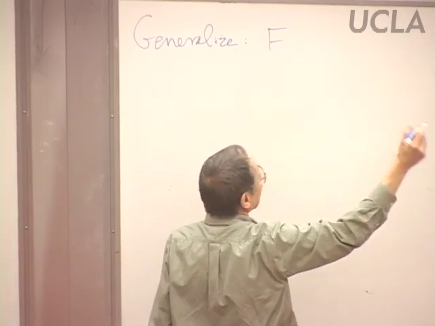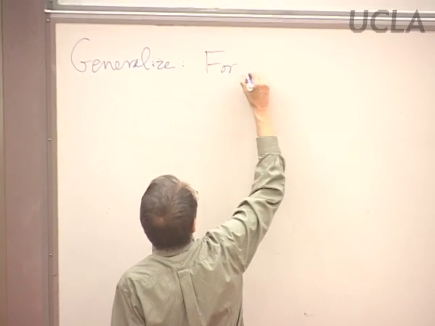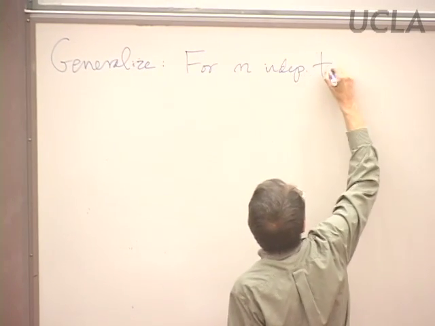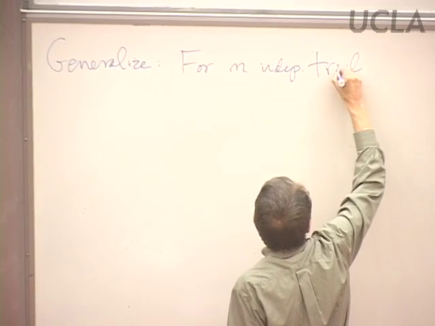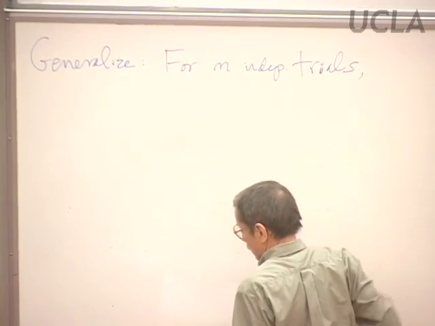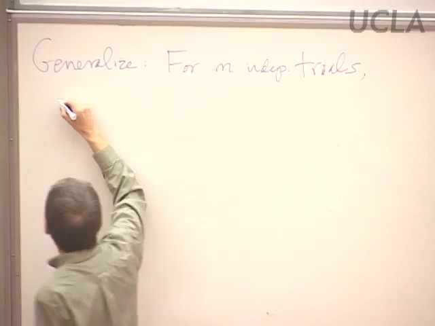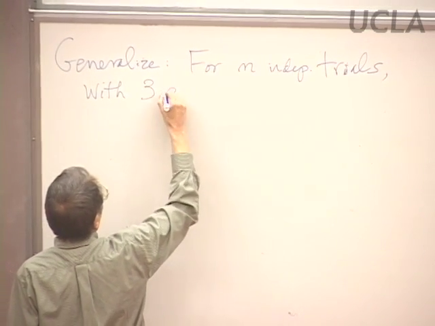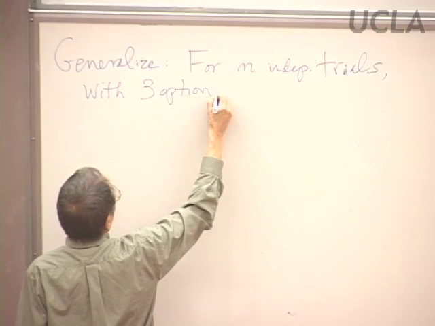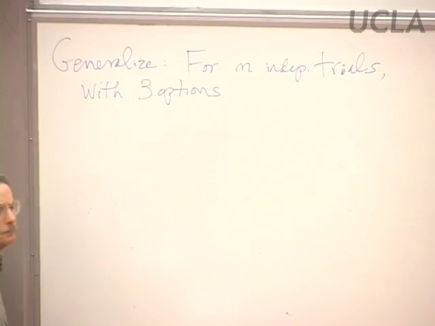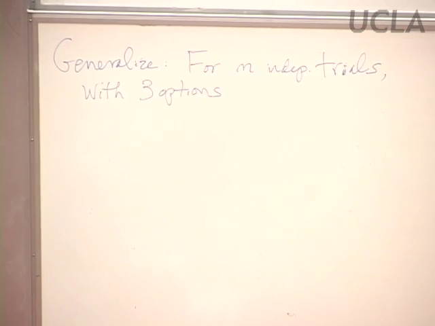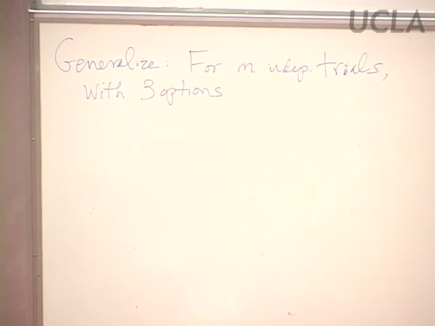Instead of 8 patients, say we have n independent trials. With 3 options. Well, we'll want to generalize it further in a minute. What if there's 4 options? Well, first let's stick with 3.